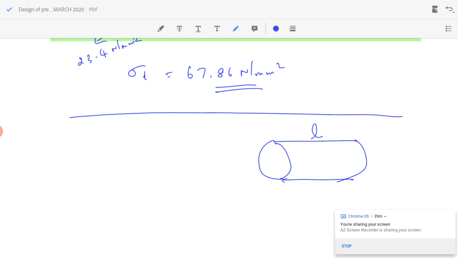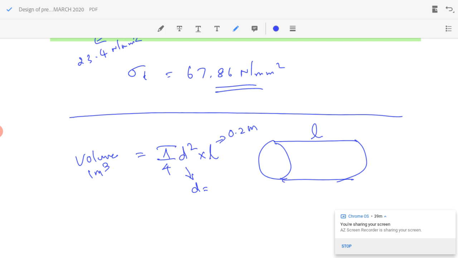For a cylindrical vessel, volume equals pi by 4 d square, the area, multiplied by length. So if volume is given as some 1 meter cube and length equal to some 0.2 meter, I can find the diameter. And if we get the diameter, we can substitute in those equations and find all such stresses and the wall thickness.